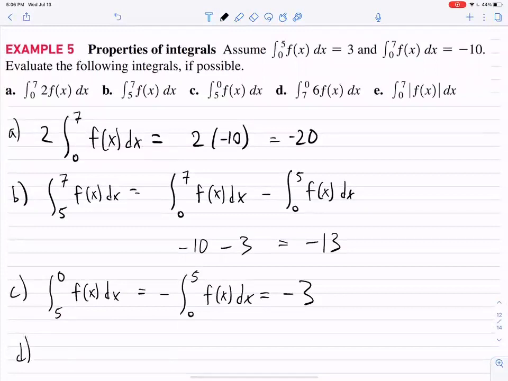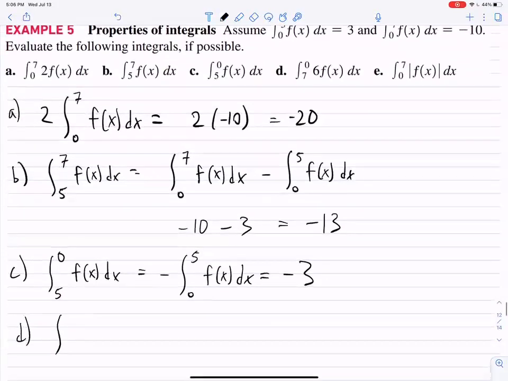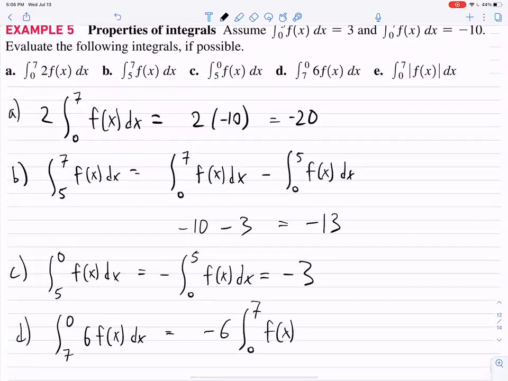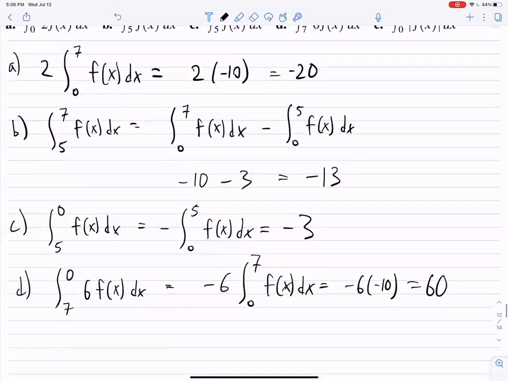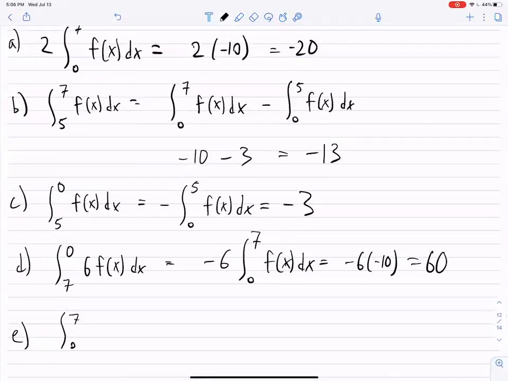And then part D, the integral from 7 to 0 of 6 f of x dx is equal to -6 times the integral from 0 to 7 of f of x dx, which is -6 times -10, which is 60. And then finally, E, the integral from 0 to 7 of the absolute value of f of x dx.